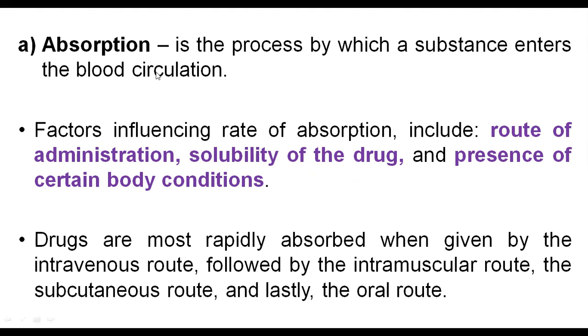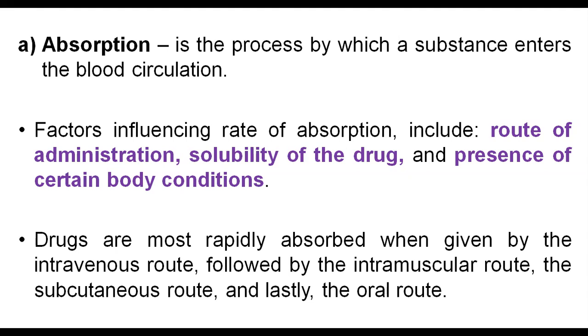So what is absorption? Absorption is the process by which a substance enters the blood circulation. In this case, we're referring to the process by which the drug will be absorbed into blood circulation, so that it can become available to the tissues for utilization.